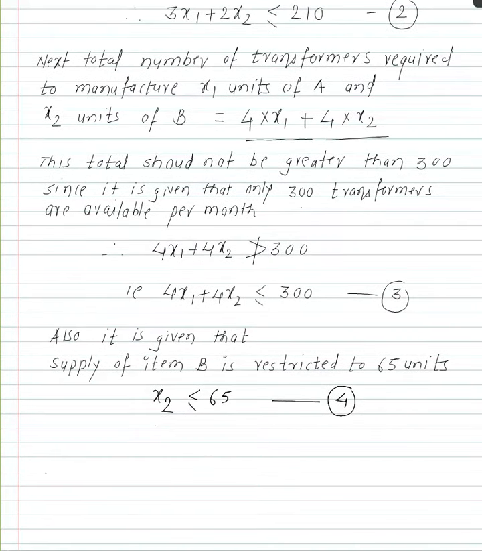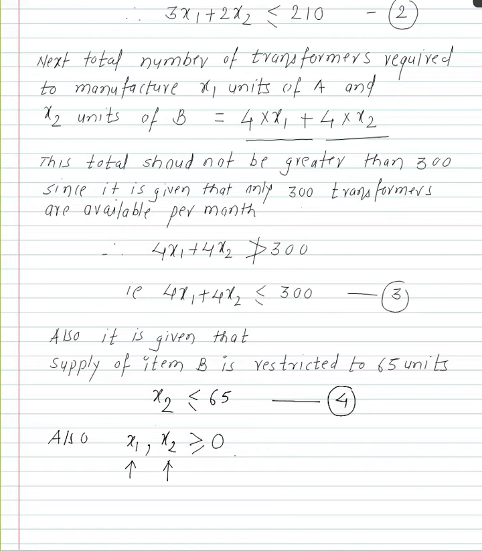And in every problem, non-negativity constraints are always there. So finally we write x1, x2, both quantities are non-negative quantities. We are manufacturing x1 units of A, this number cannot be negative. We are manufacturing x2 units of B, so this number cannot be negative.